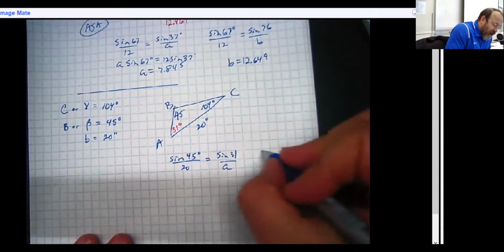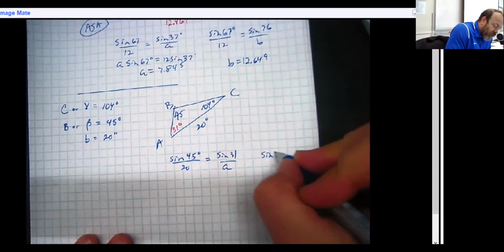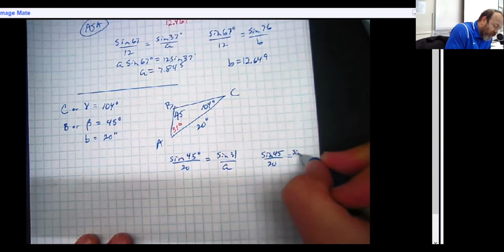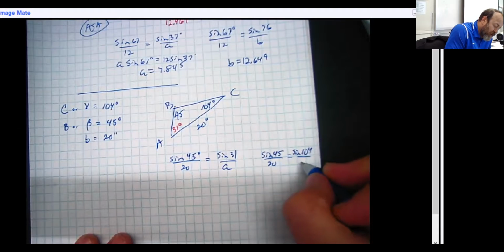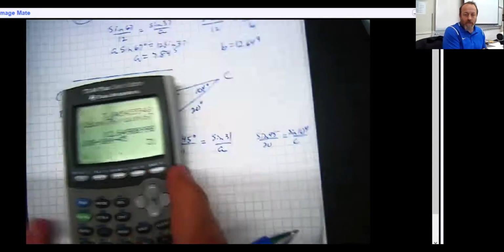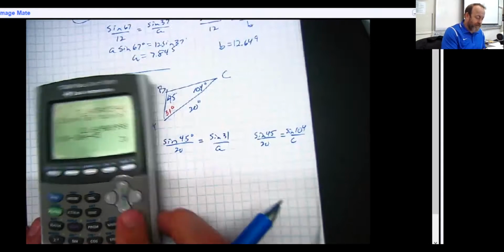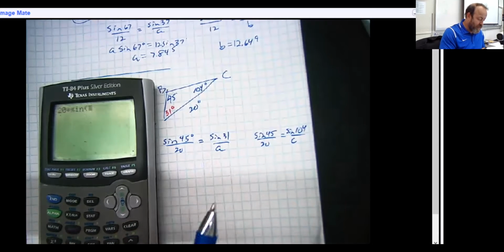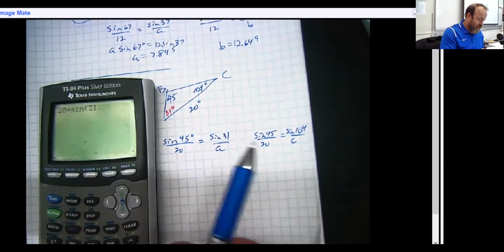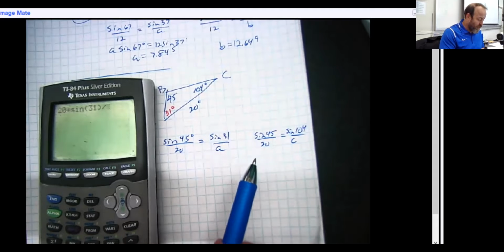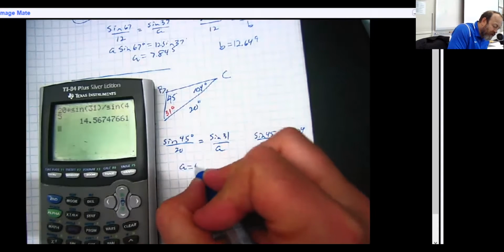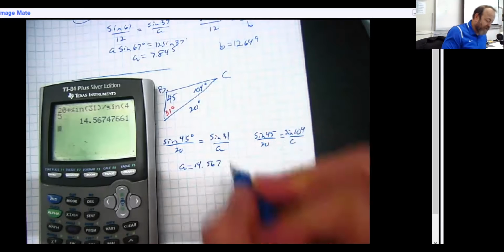And then secondarily, I'm going to say the sine of 45 over 20 is equal to the sine of 104 over, I guess it would be little c. Both of those are problems that I would solve separately. 20 times the sine of 31, see I'm cross multiplying, and then I'm going to divide it by the sine of 45, and I just got that the value of letter a is 14.567.